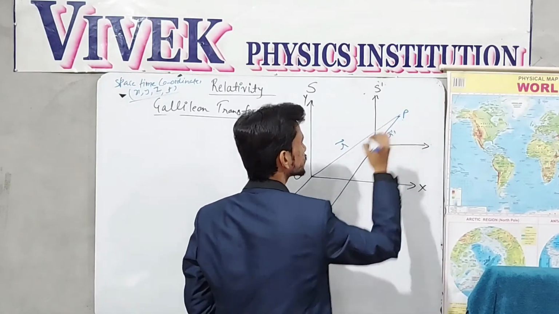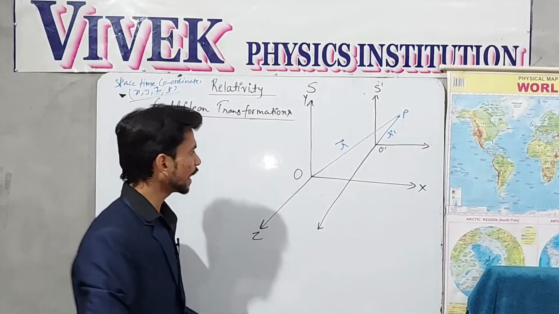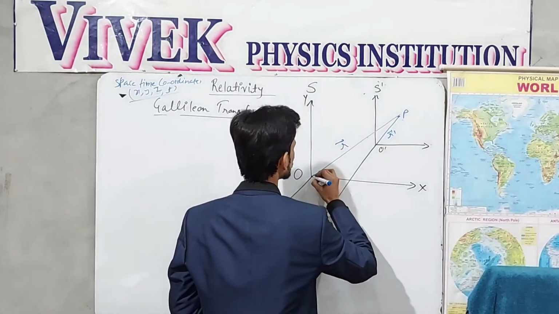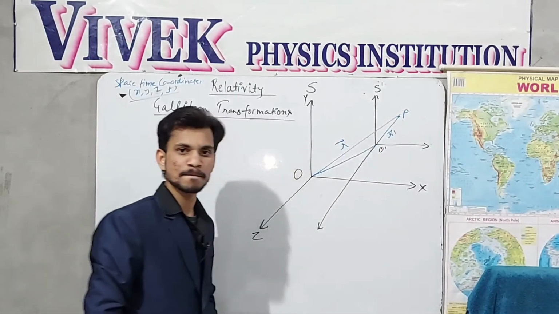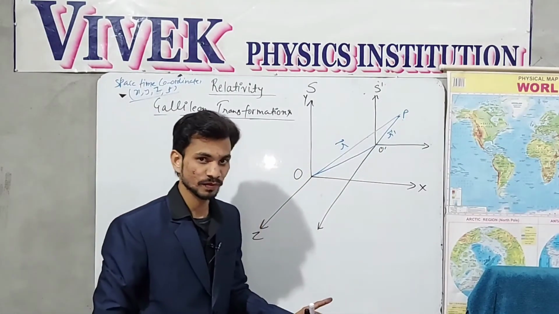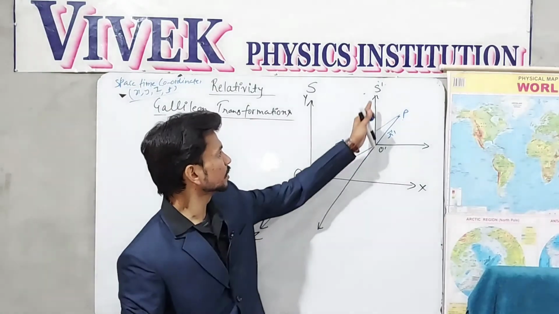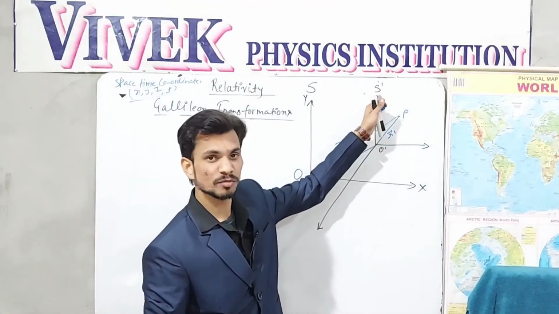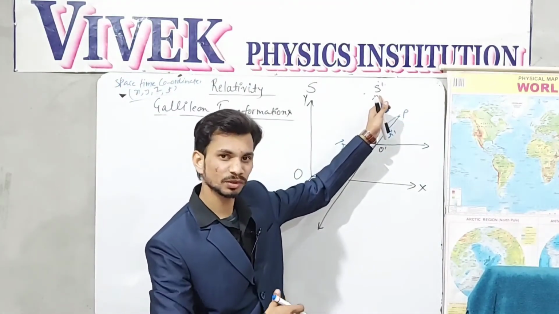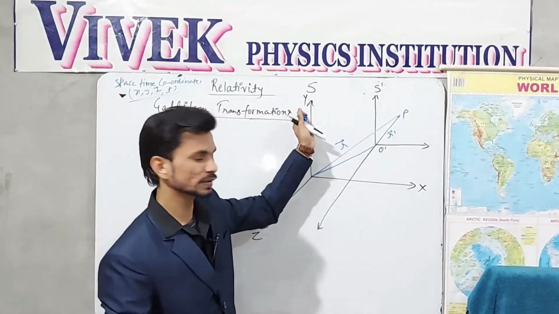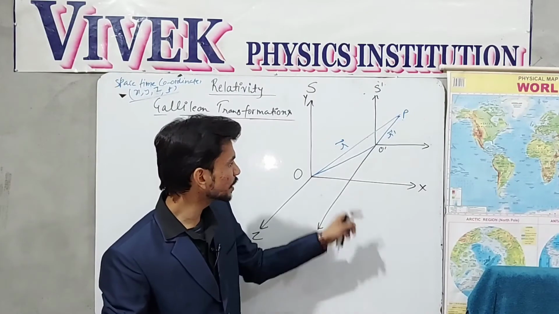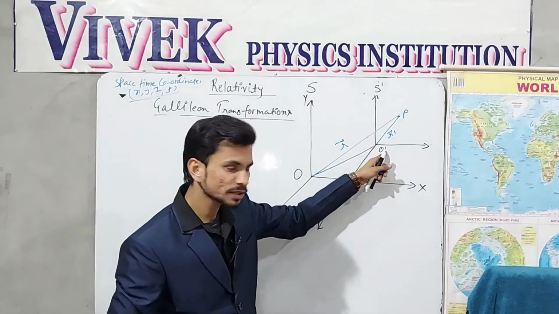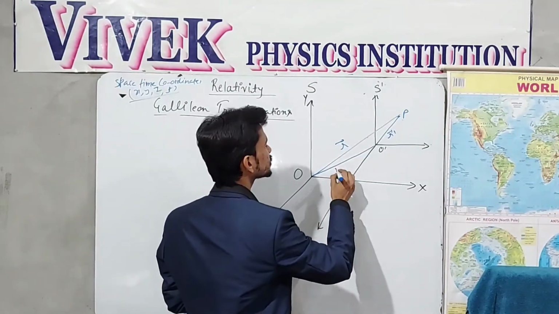And let's say this is the separation between O and O dash. Again, let's say this system S dash is moving with velocity v in 3D space with respect to S. Okay, so after time t, O dash is separated from O by the distance Vt.